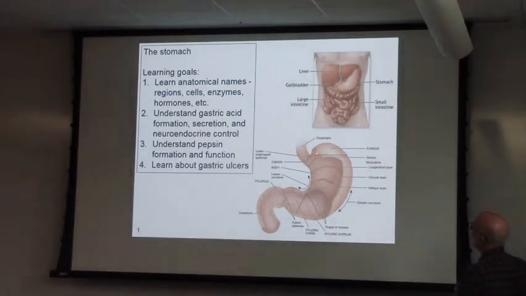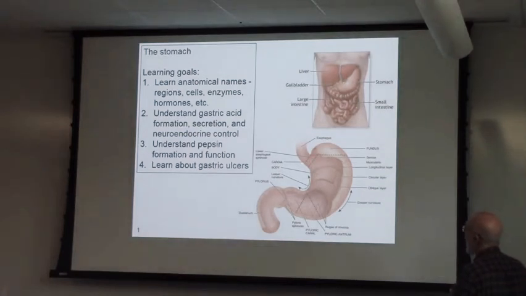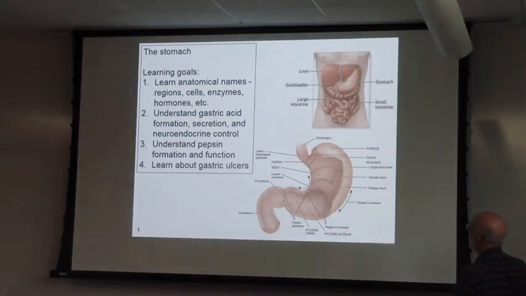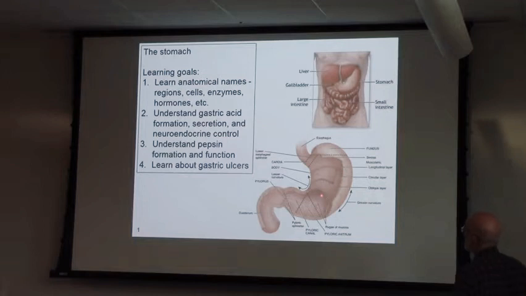The region of the stomach at the junction with the esophagus is called the cardia. The region of the stomach above the cardia, making this bulge, is called the fundus. The region of the stomach below the fundus is called the body. The region of the stomach below the body is called the antrum, sometimes called the pyloric antrum.